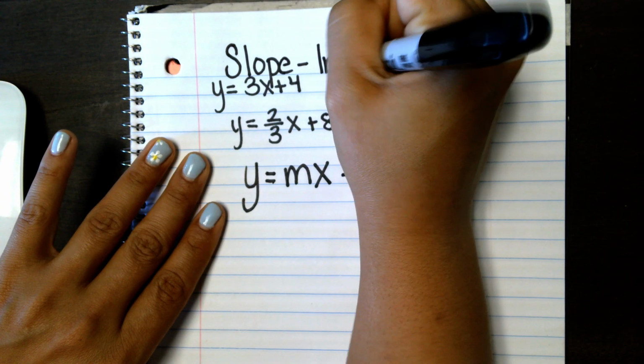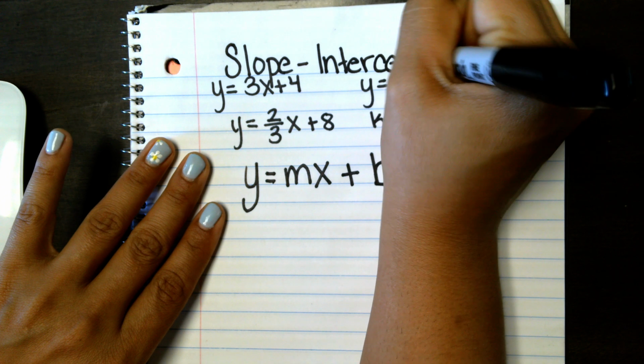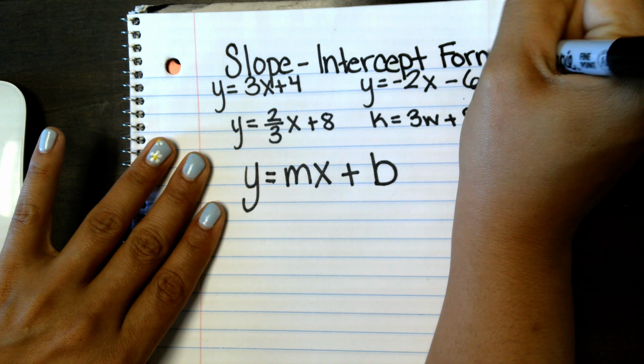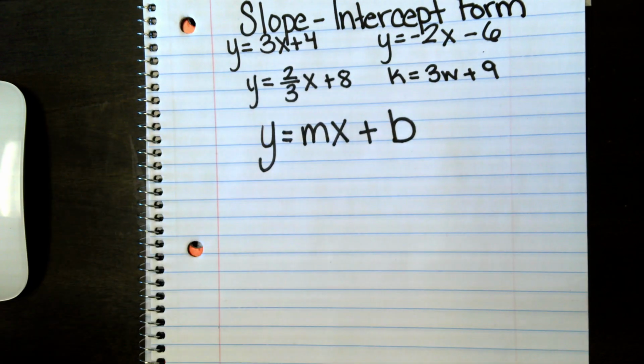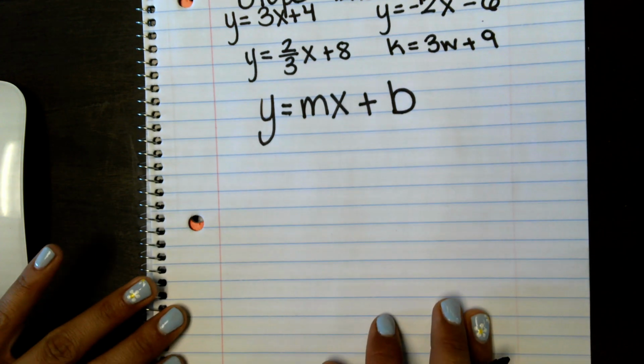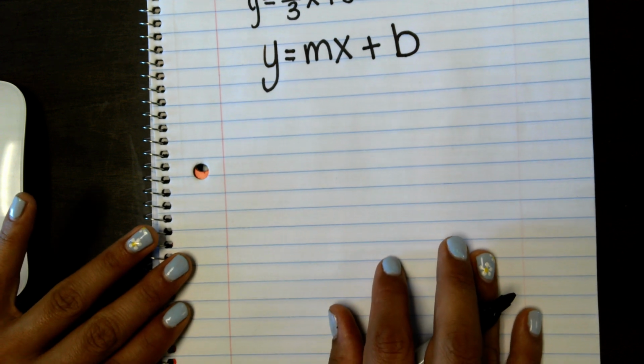Slope intercept form. Okay. So I'm going to give you an example that goes with this that we're going to use to understand this equation better.